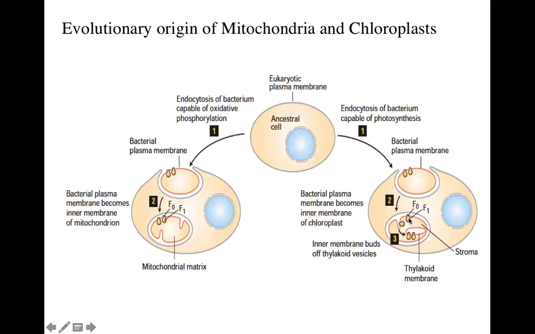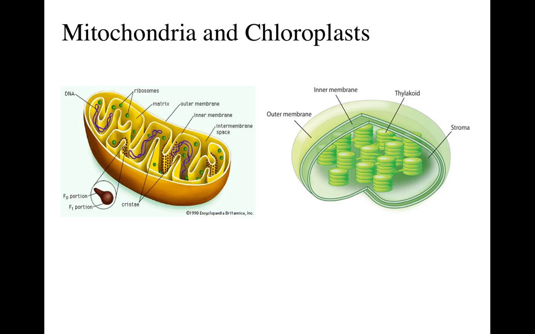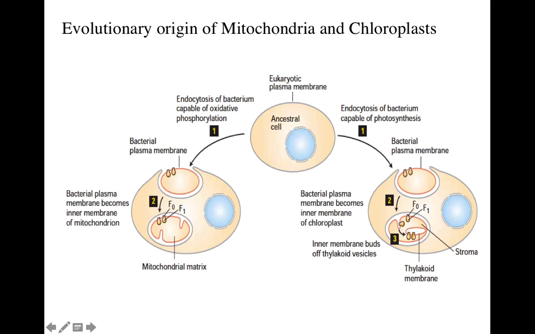So this is how both the mitochondria as well as the chloroplasts came into existence. The origin is that they're bacteria, and perhaps this is also the reason that mitochondria are capable of independent replication. If demand increases, if you need more energy, then your tissue can increase the number of mitochondria per cell, and if the demand for energy decreases, the number of mitochondria can also decrease inside the cells.